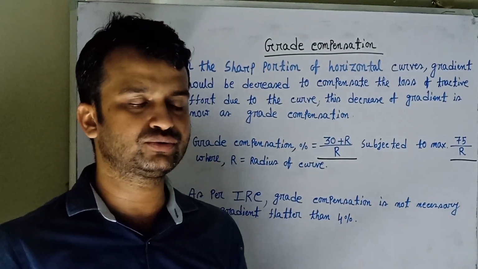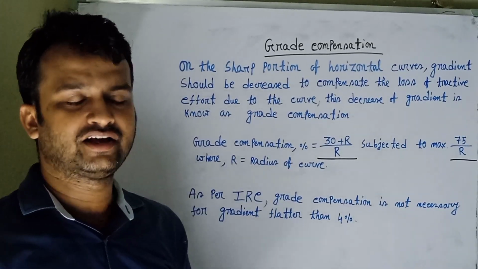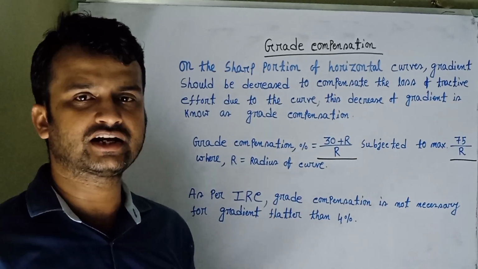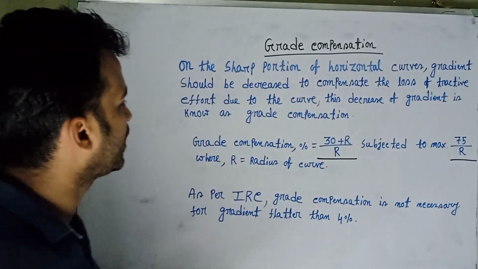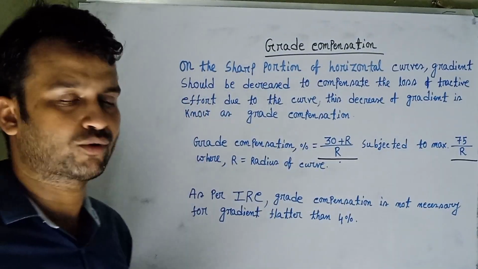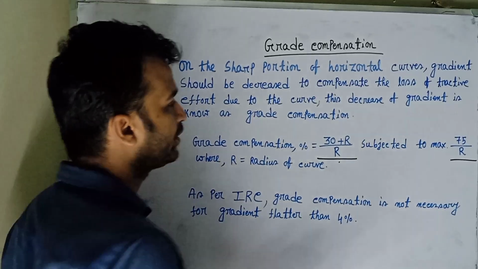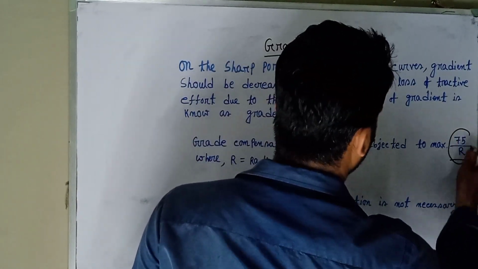Suppose you are asked to determine the grade compensation of a road where the radius of the horizontal curve is given as R, then you have to use the formula (30 + R) / R. Then you also have to cross-check the value with the maximum value formula, that is 75 / R.